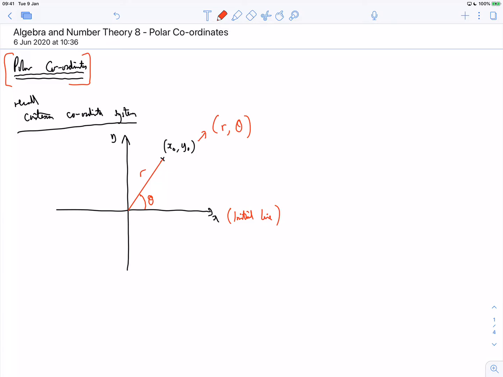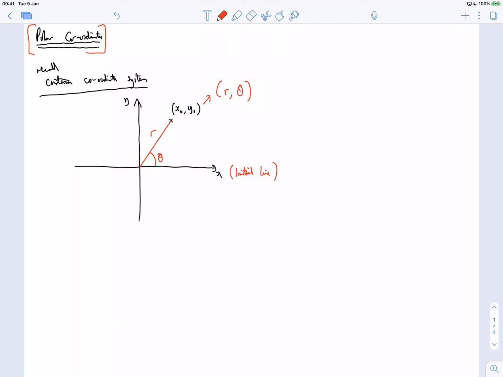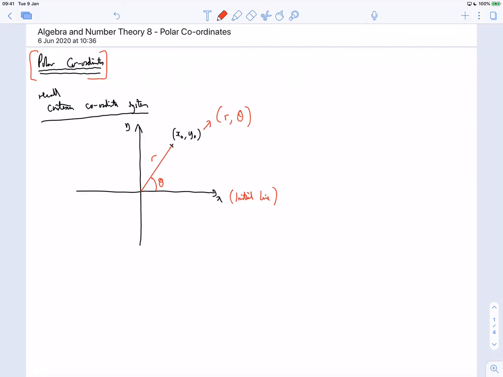Okay, so say for example I had the point 1, 1. So what does that look like? It looks like this. This is the xy plane. There's my point 1, 1.